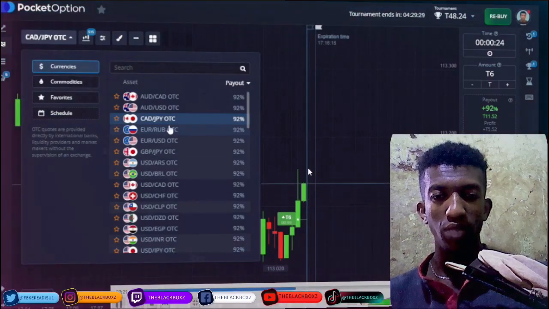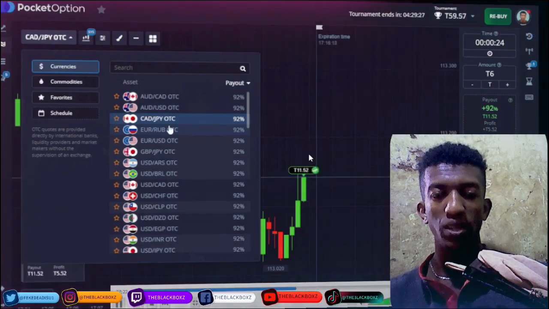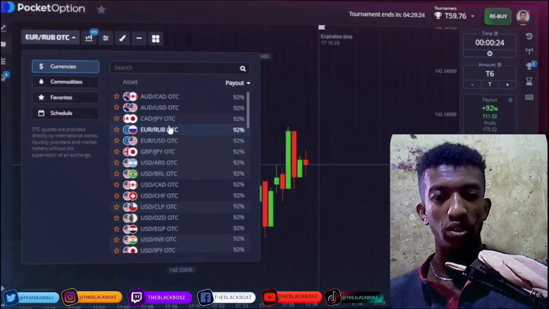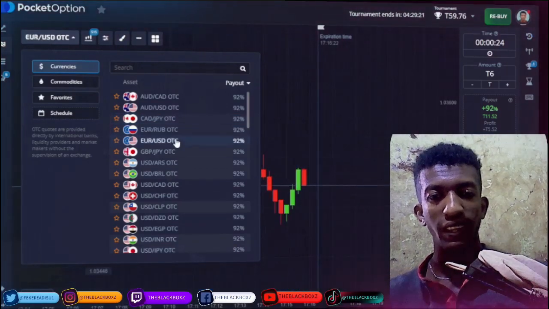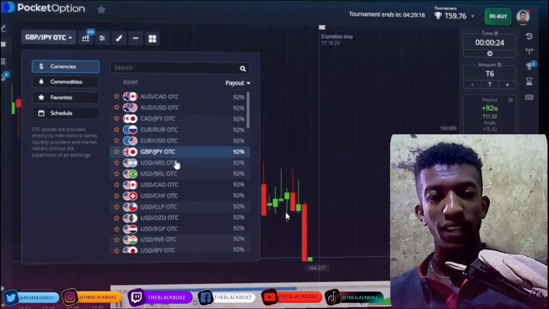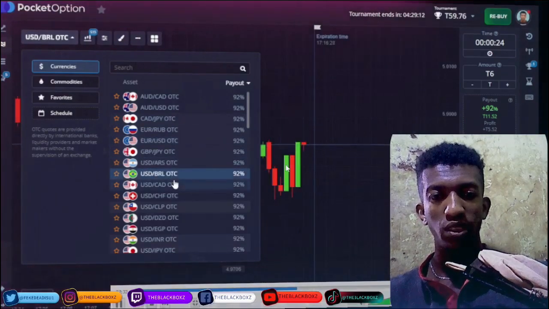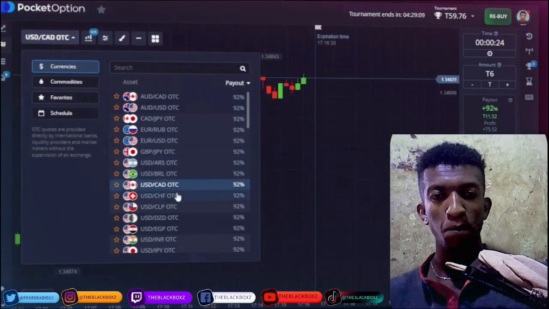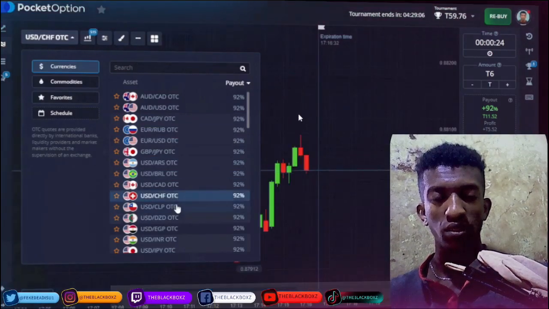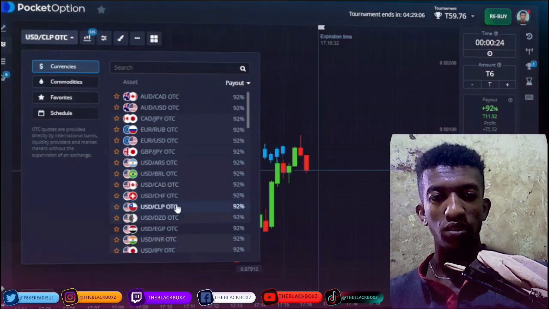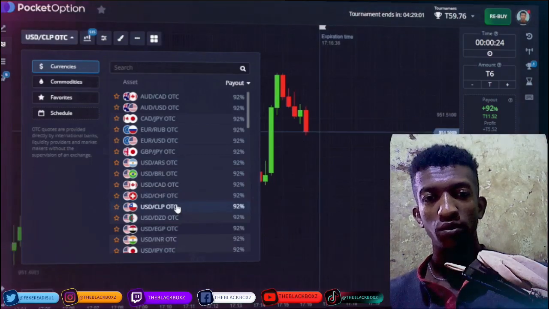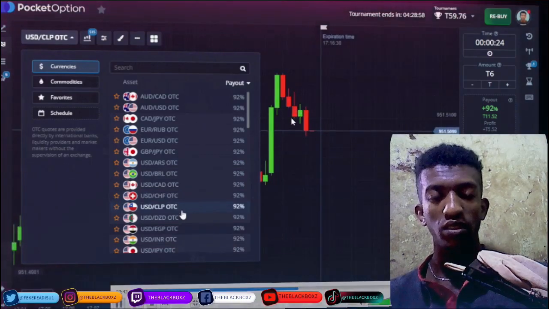It moves up, and it never ends. That's amazing. Right there was a sell. This was a buy. As you can see, this was the previous one. A sell, right?